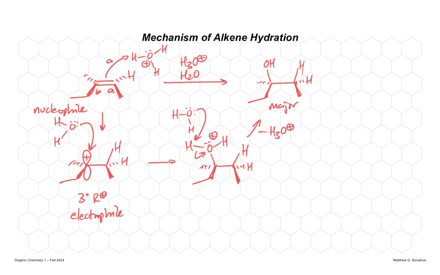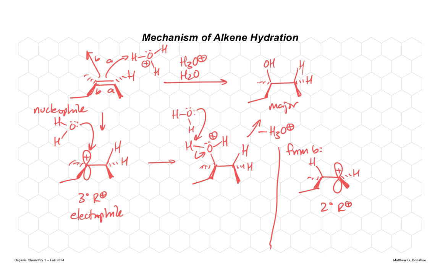The minor product would result from protonating B. And so the reason that's the minor pathway is because that forms a secondary carbocation.